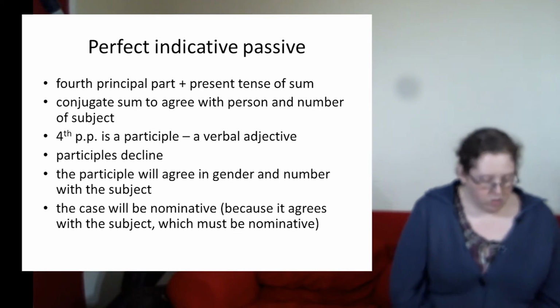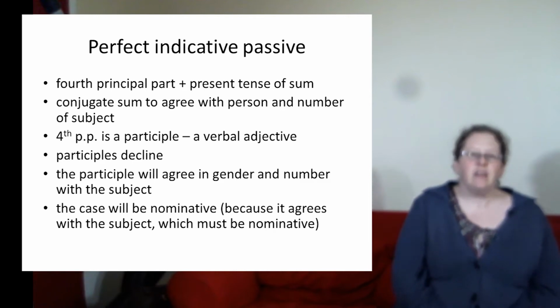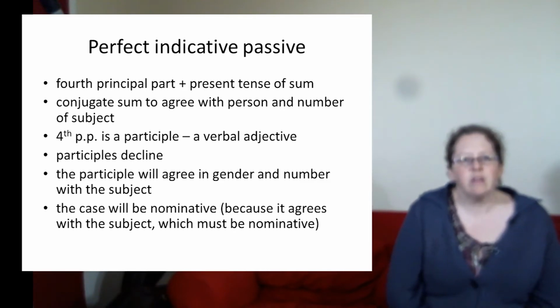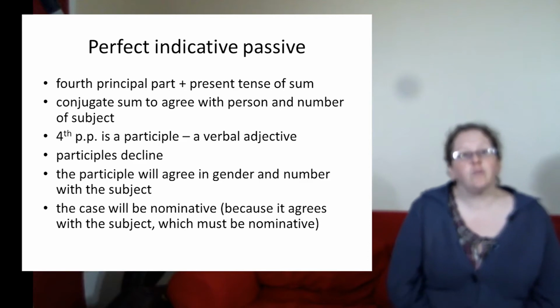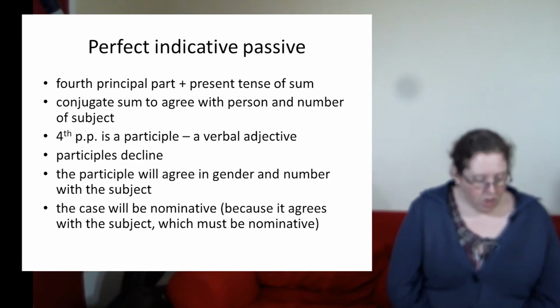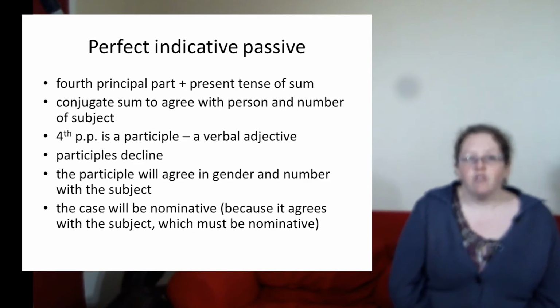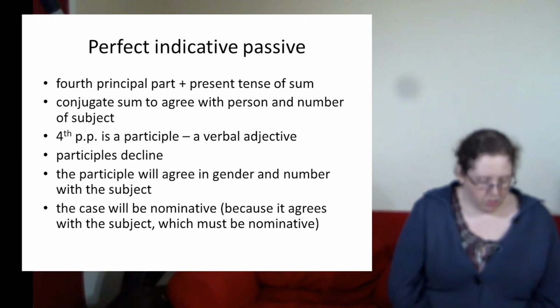If the subject isn't specified, if it's just a third person singular, or it's a first person singular, an I or a you, the default to assume is masculine, unless you have a good reason to think otherwise. For Romans, masculine is the default gender for animate subjects.